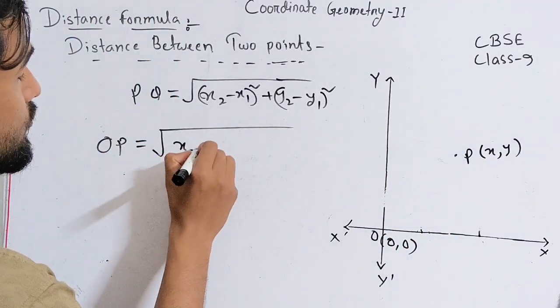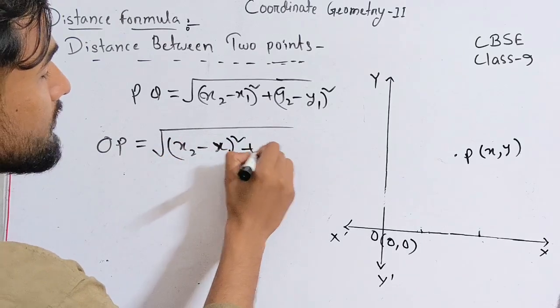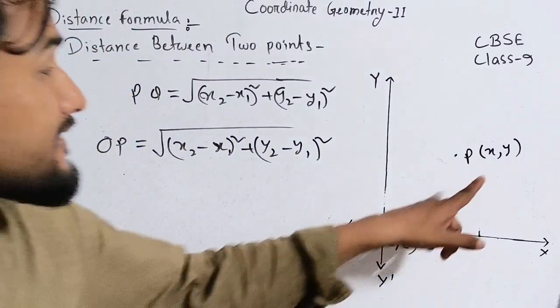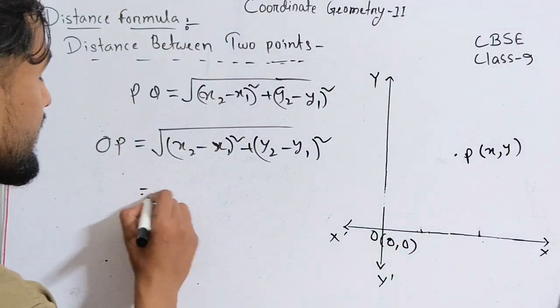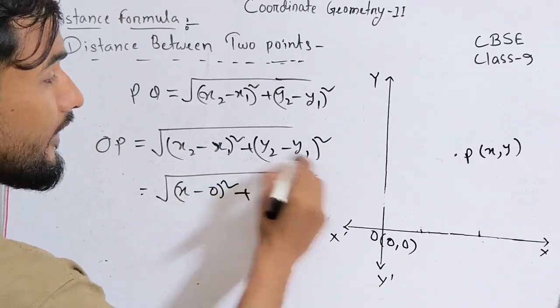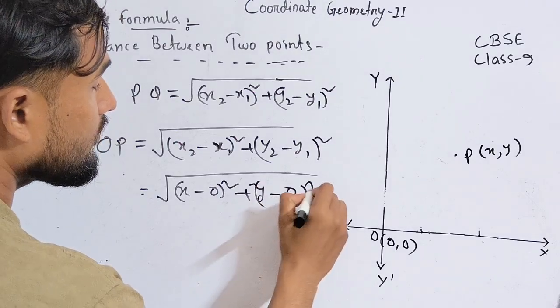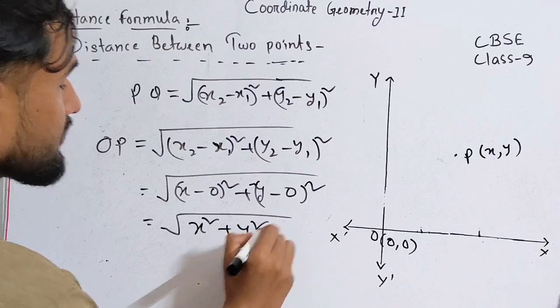Now we shall find out the distance OP. OP means (x2 minus x1) whole square plus (y2 minus y1) whole square. And here x2 means x and x1 means 0. That's why we can write (x minus 0) whole square, and (y2 minus y1) will be (y minus 0) whole square, and the final value will be x square plus y square.